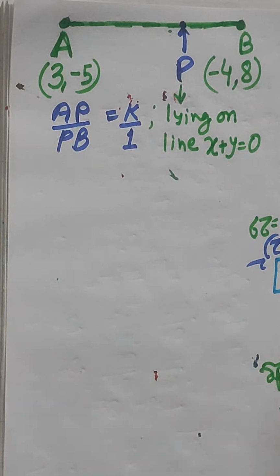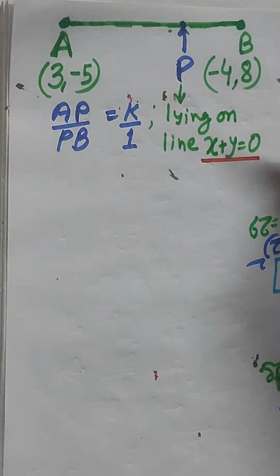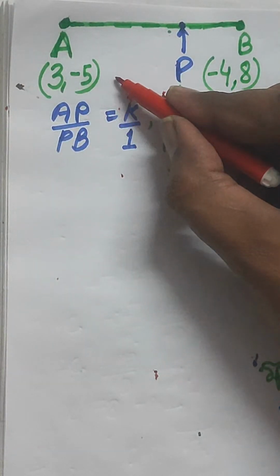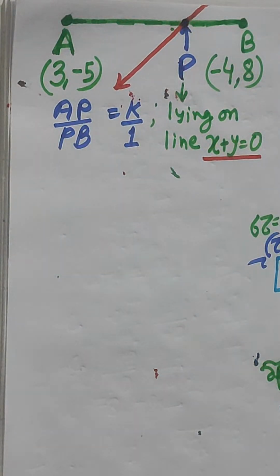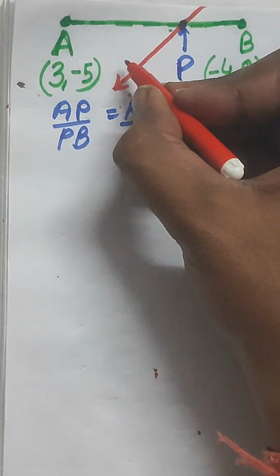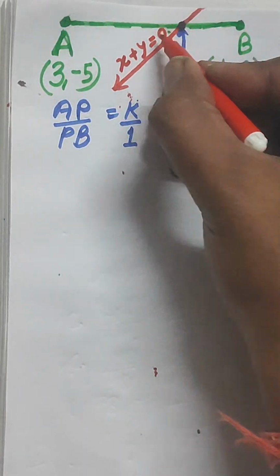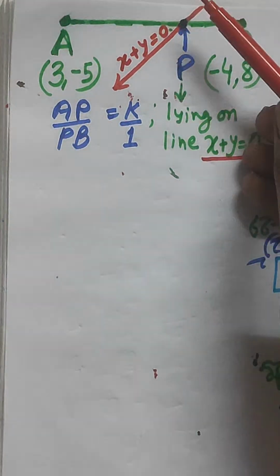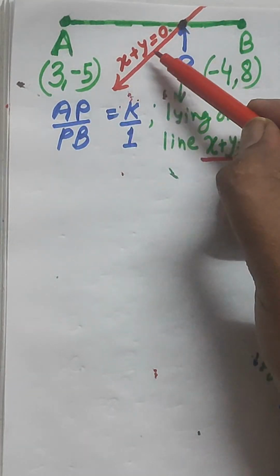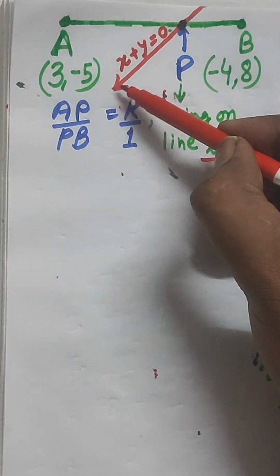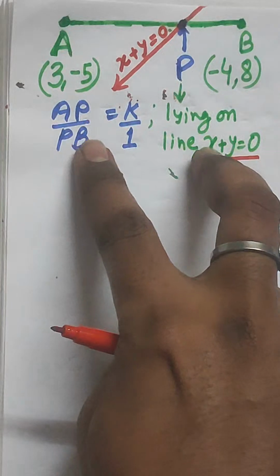That means it confirms that the line x plus y equal to 0 is passing through P like this. And the equation of this line is nothing but x plus y is equal to 0. So whatever be the coordinates of P, that will be satisfying the equation of this line, right? So these are the two criteria given to you in the question.